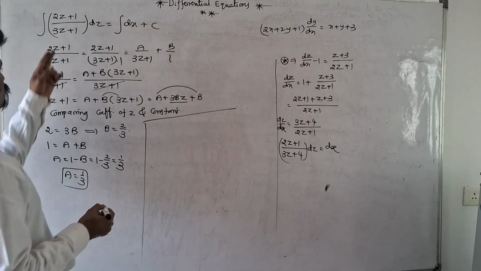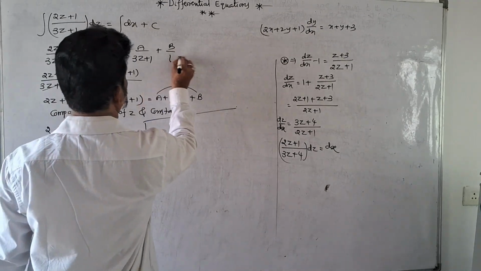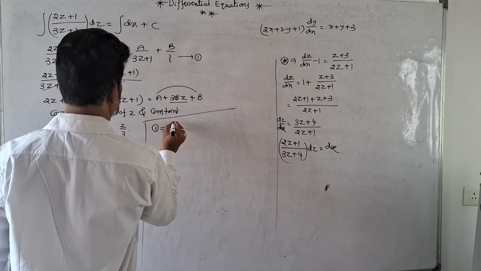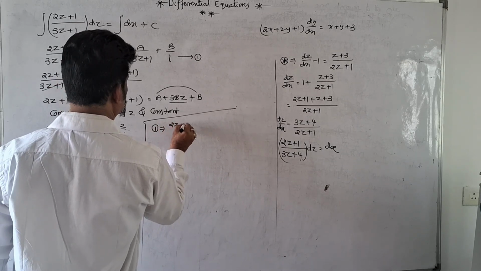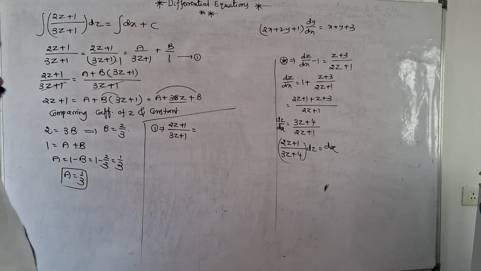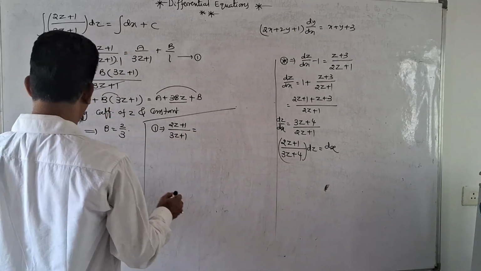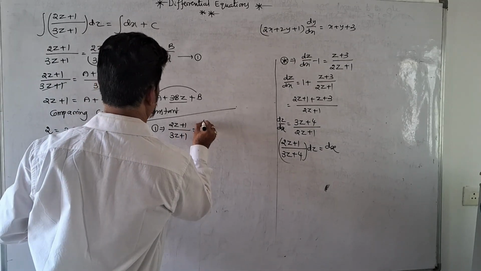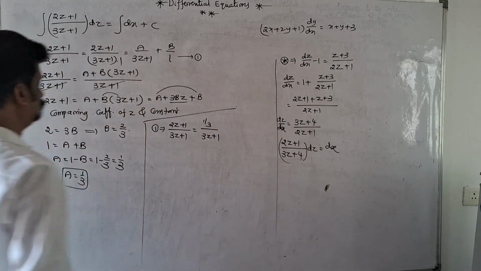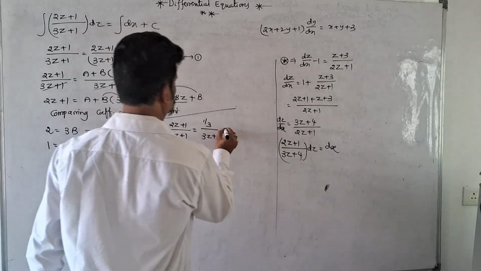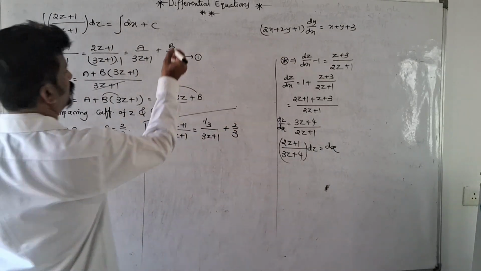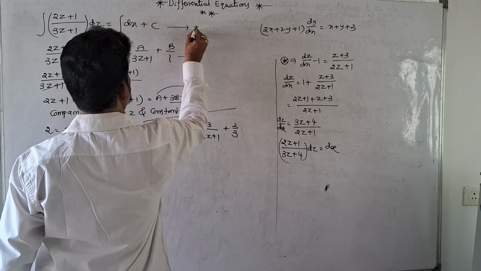Now this is equation number 1. So 1 implies (2z + 1)/(3z + 1) is equal to A is 1/3, so (1/3)/(3z + 1), and B is equal to 2/3. Then this one is star equation.